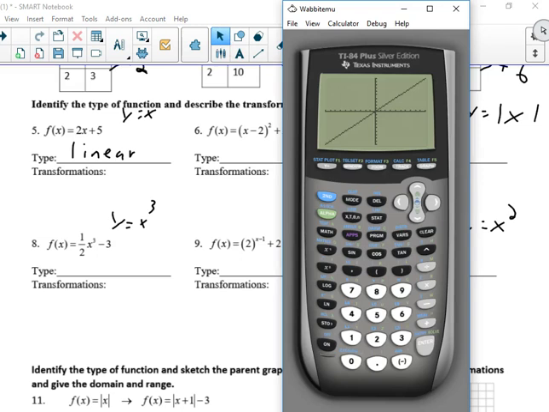Next, go back and go y equals 2x plus 5. Nope, wrong x. X plus 5. And hit graph. Well, what happened? Well, it's steeper.